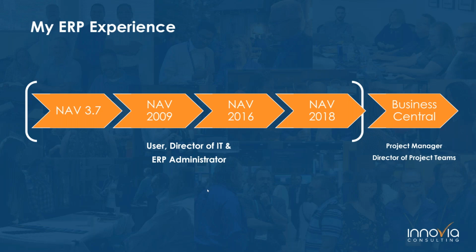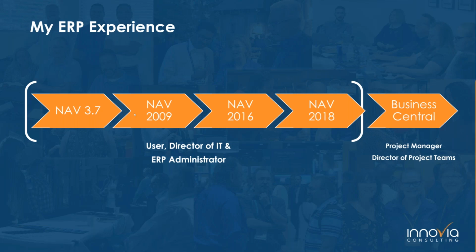Started working with Business Central then, and then mid last year, I took the new position as director of project teams. So I'm very excited to be here. I love being able to work with our customers on their implementations and any of their unique scenarios that they've encountered, and it just makes it a very fun partnership.